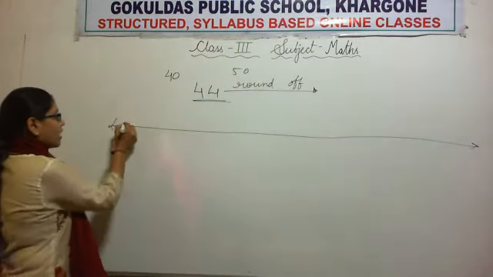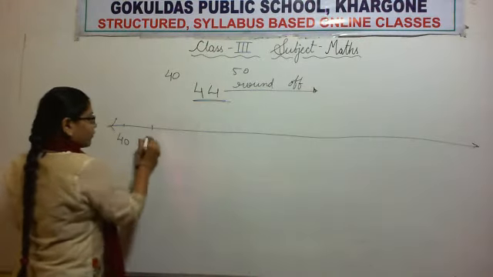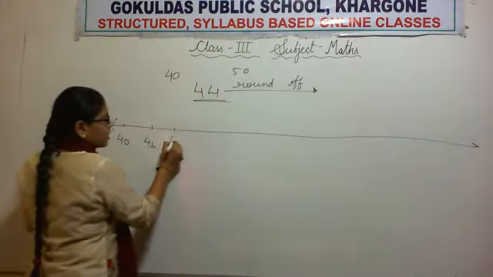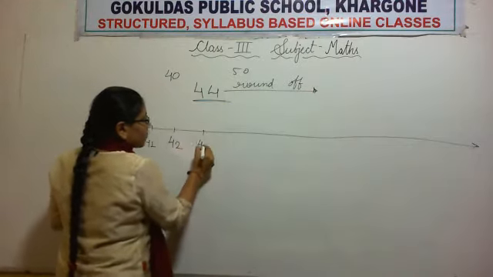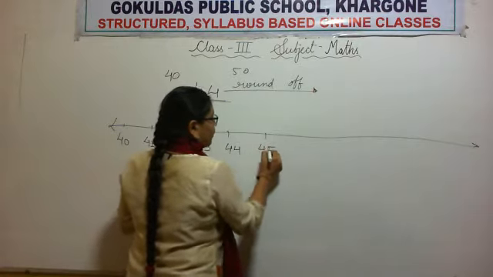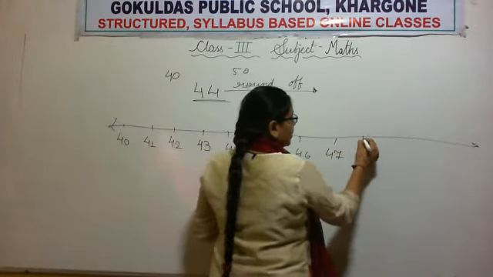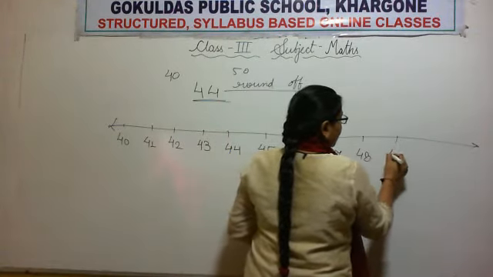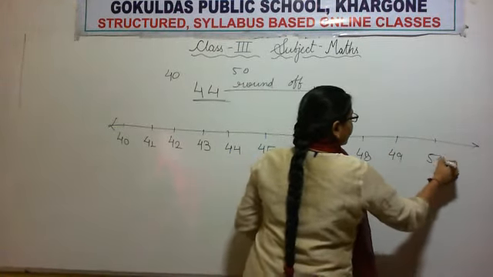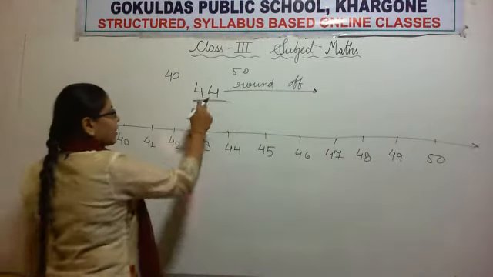So let's write all the numbers from 40 to 50: 40, 41, 42, 43, 44, 45, 46, 47, 48, 49 and 50. We have written all the numbers. Now, where is number 44?